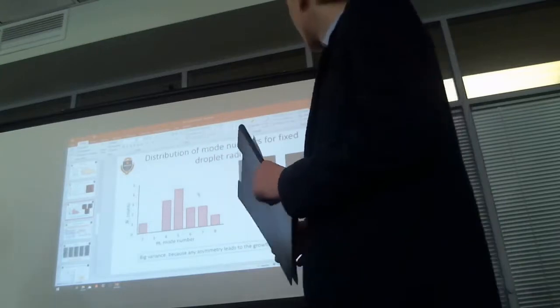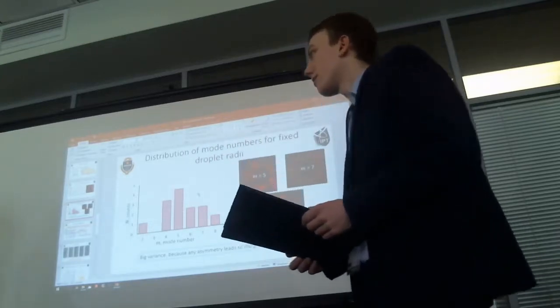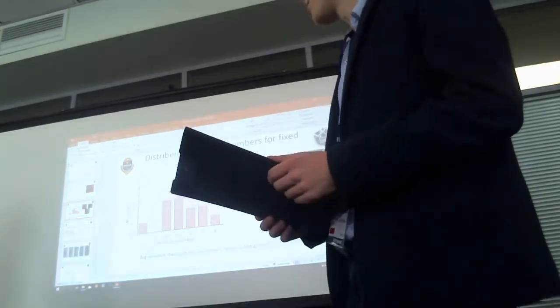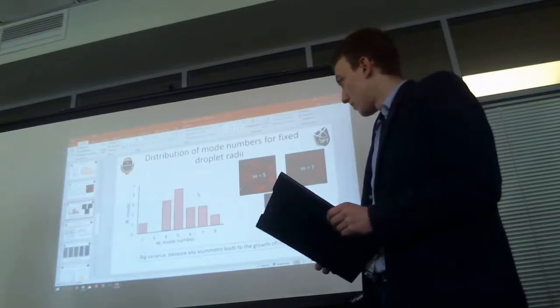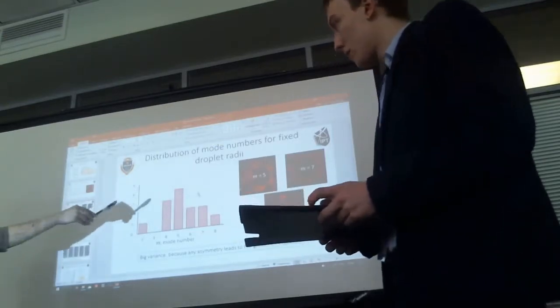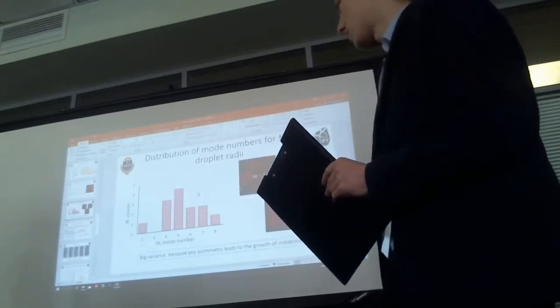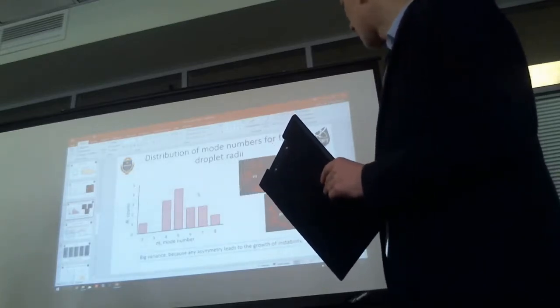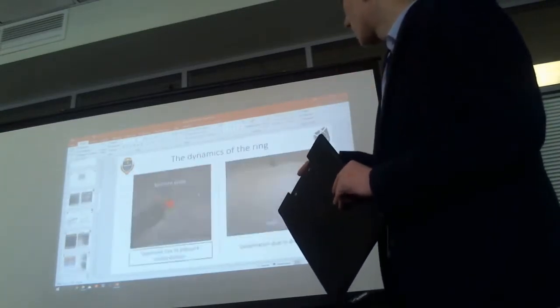Okay, and how did you process your data, by hand, or did you use some kind of automation? For this experiment, we calculated the number of modes from the photos from the bottom view. And by analyzing the ring dynamics, we used special software.